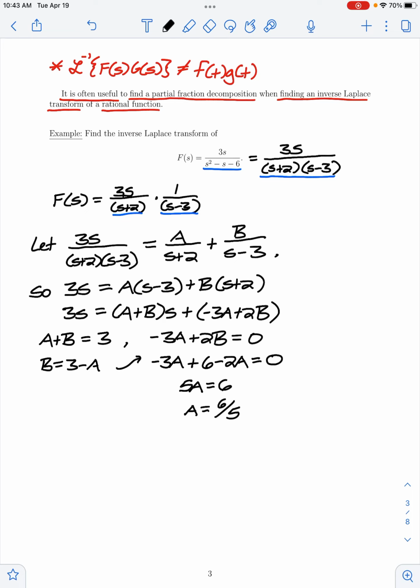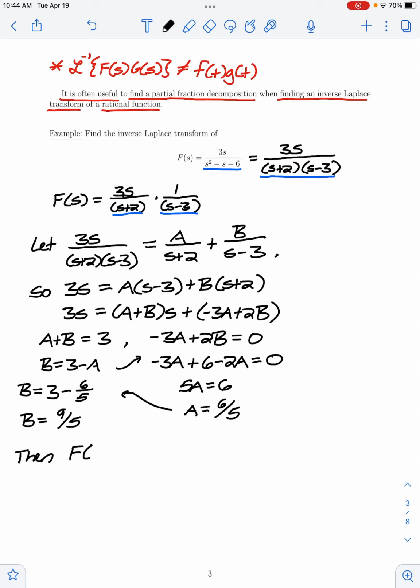And so a is 6/5. And then substituting back into my b equation, I have 3 minus 6/5. Now 3 would be 15/5 minus 6/5 leaves me with 9/5.